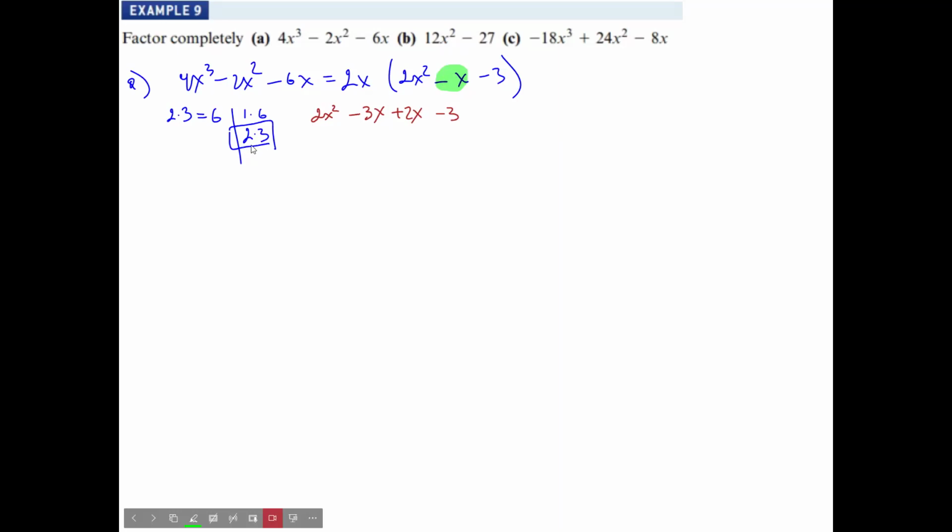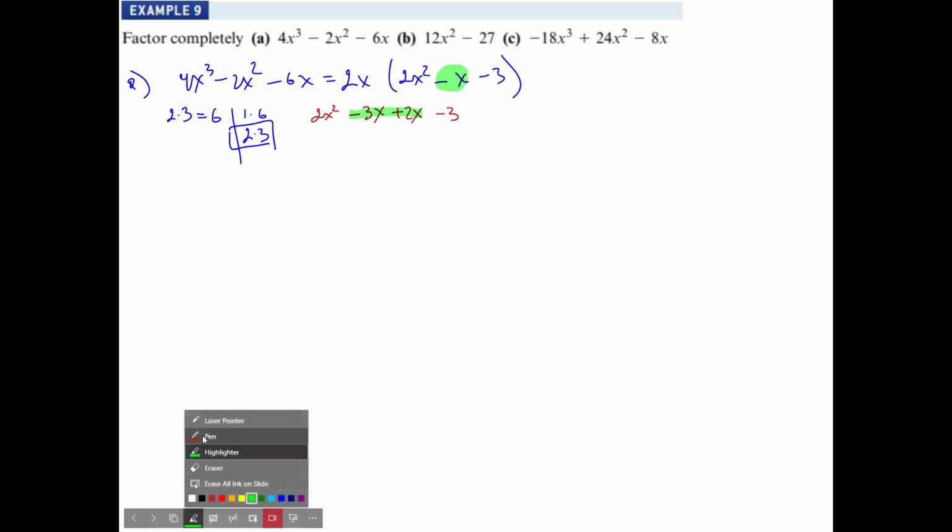So how can I manipulate 2 and 3 to receive -1? -3 plus 2, yes? That's what I did. When I finish that, I will receive -x. So by this manipulation, I didn't change the original equation. The value is the same.